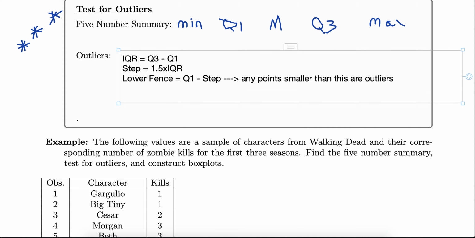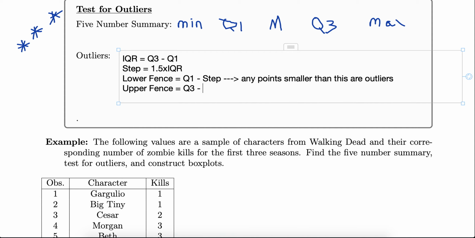Okay, and then we're going to do the same thing on the other side to see if we have any large observations or large data points. So this one is called our upper fence, and we're going to start at Q3, the top 25%. So notice for the lower fence you started with Q1, the bottom 25%.